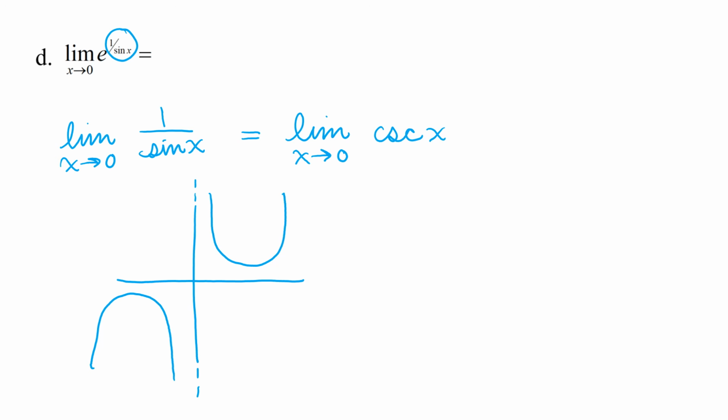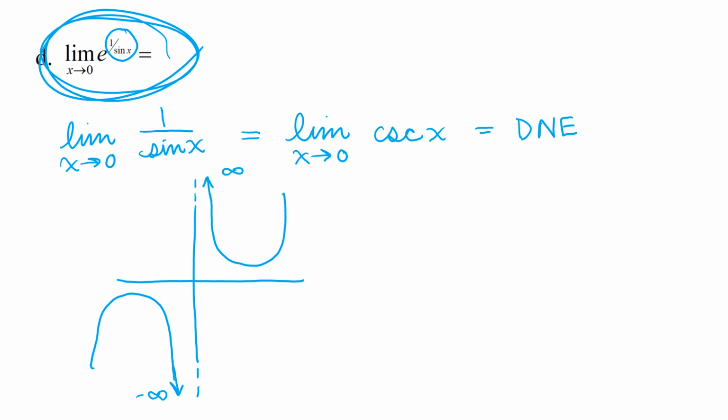If we look at the limit as x approaches 0 from the right, we go towards positive infinity, and if we approach 0 from the left, cosecant x approaches negative infinity. So that means that the overall limit does not exist. And because of that, the limit of this overall function here also does not exist.